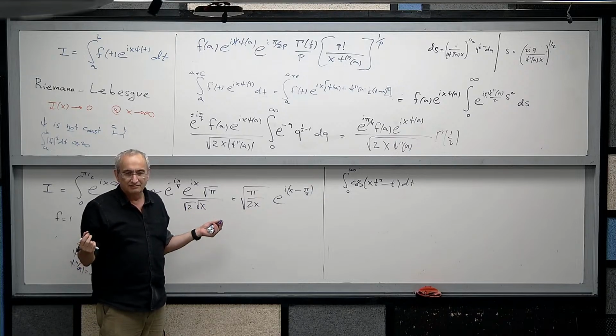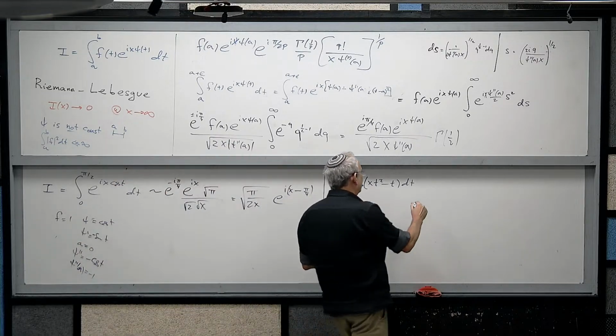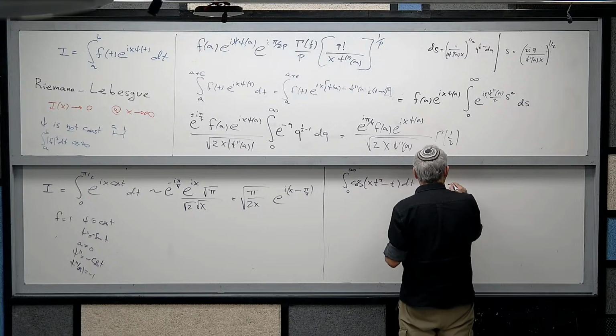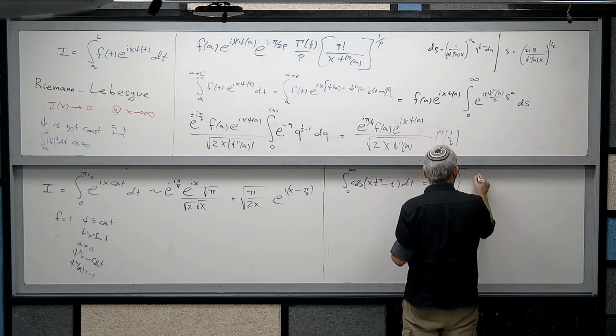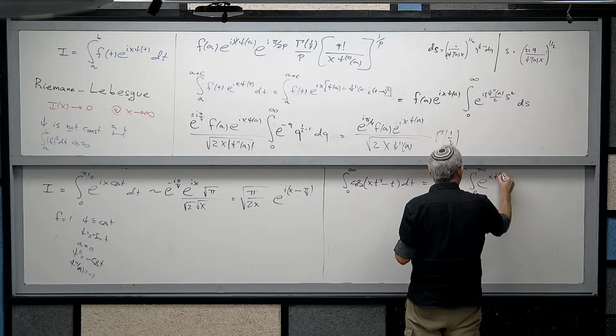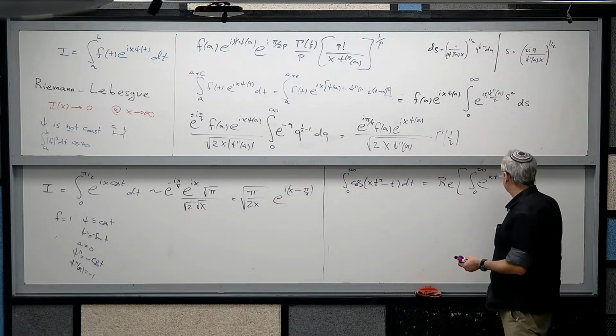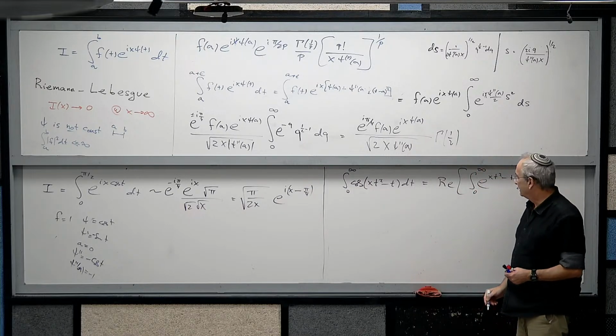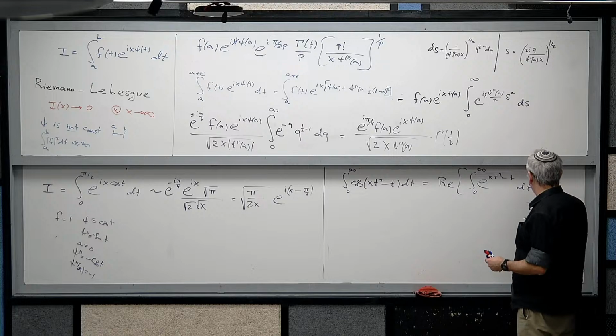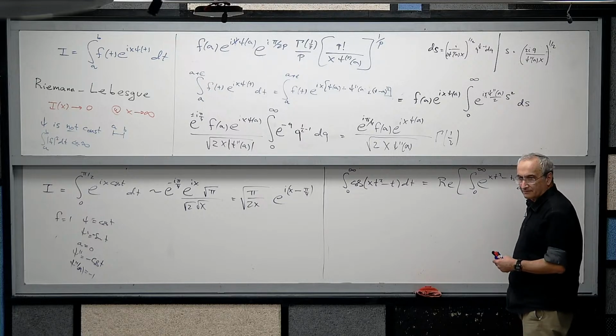Just Euler. Yes, I am defining this integral as the real part of the integral from 0 to infinity of e to the x t squared minus t dt. That's for free, right? And now I see, what is f? F is e to the minus t.